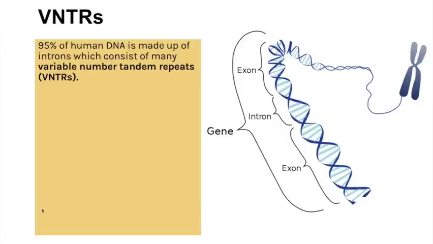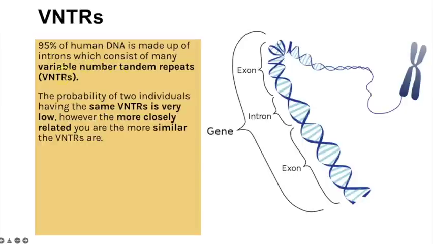So next we go on to this concept of genetic fingerprinting, which is a way to examine DNA. And this uses VNTRs in your DNA. And 95% of human DNA, or sometimes the estimate is actually around 98%, is made up of introns. Introns do not code for amino acids, and they contain VNTRs, variable number tandem repeats.